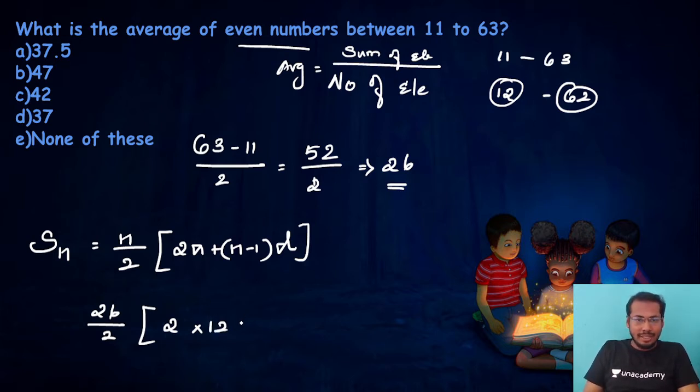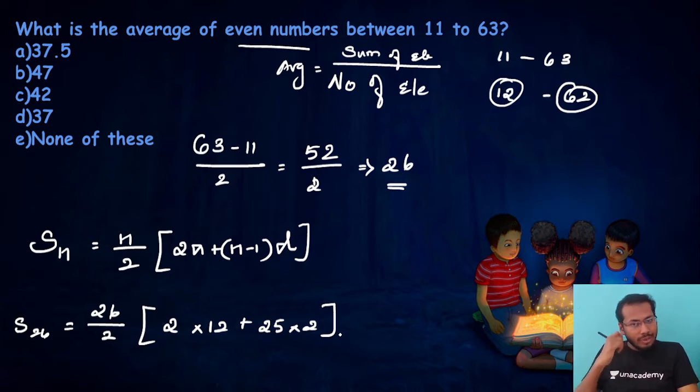And n minus 1 means 25, since n is 26, into d. The difference between all, this is an even number series, so 2 is the difference. If you solve this, you will get the summation of the numbers.